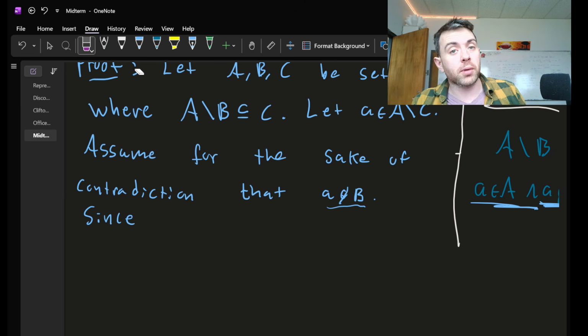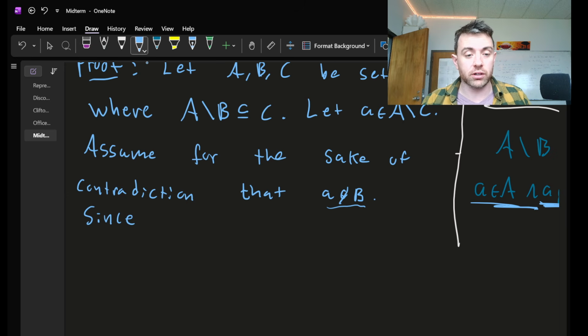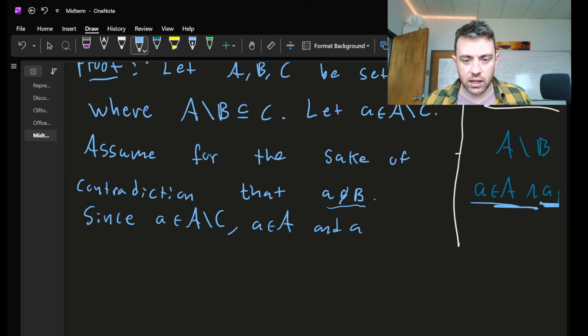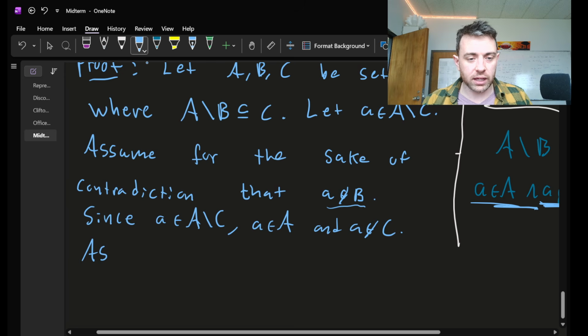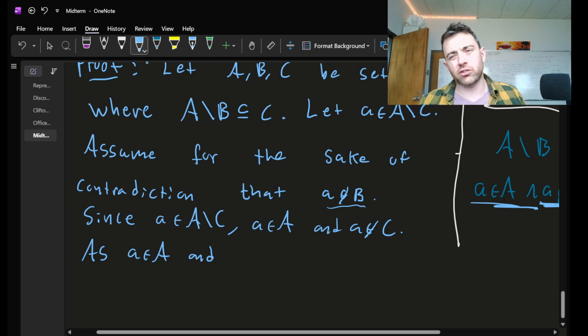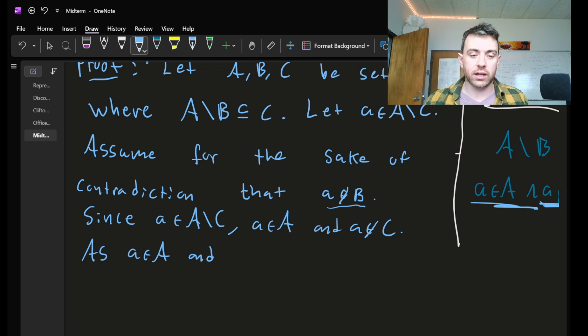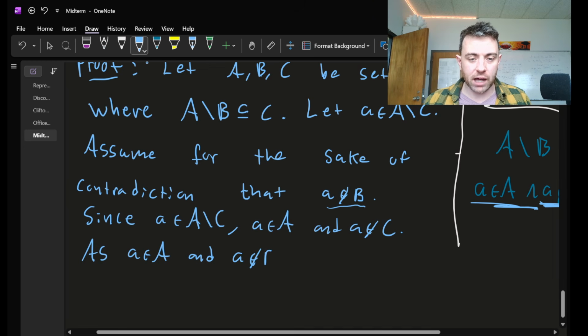No worries, you could go back, erase it, or we could simply just remind the reader, since a is in A minus C, a is in A, and a is not in C. So then we could say something like, as a is in A, and I know we just said it a sentence ago, but to be really nice to the reader, let's remind them, to really match it up with the definition of A minus B. As a is in A and a is not in B, a is in A minus B.